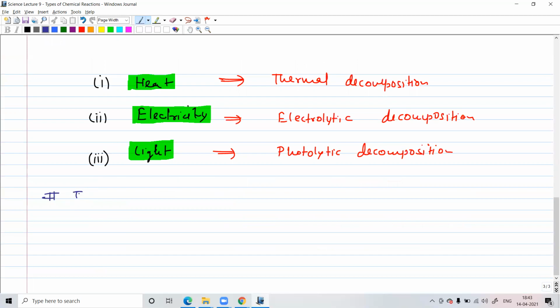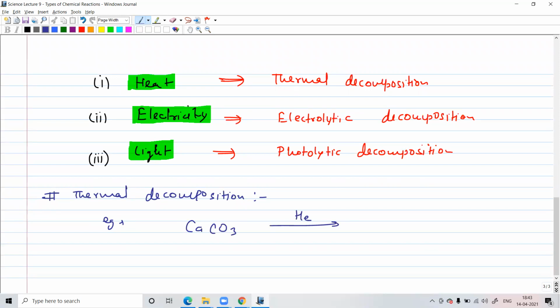Thermal decomposition. So the first example, basically, we just saw. What was that reaction? Calcium carbonate.